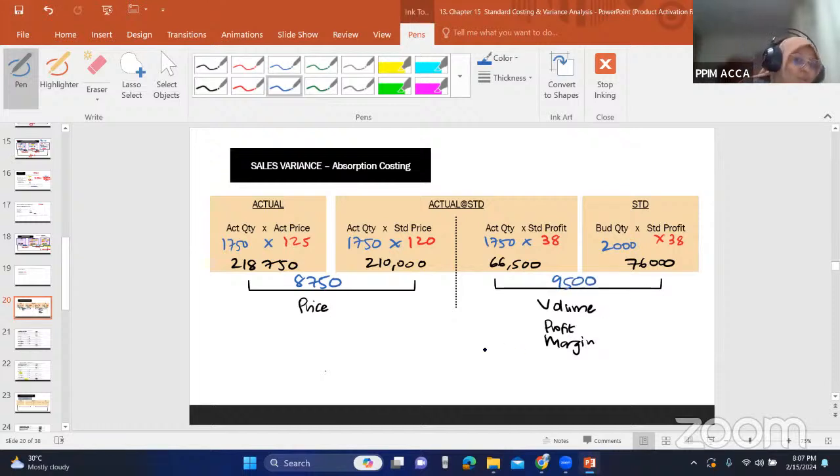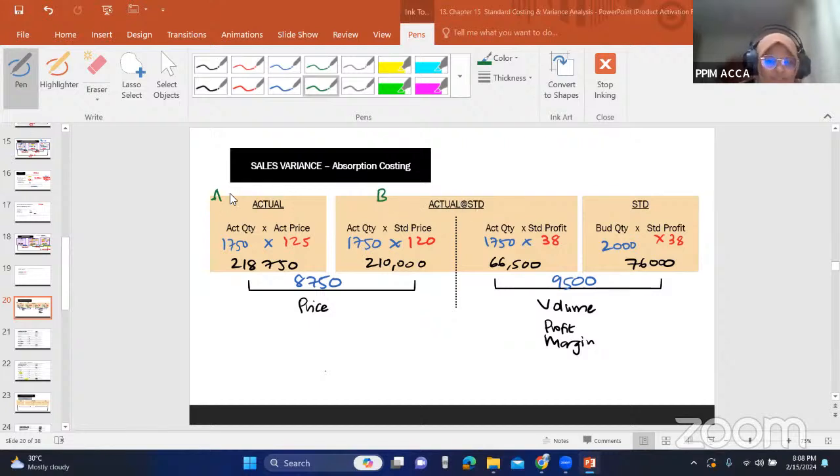Okay, now watch carefully how I'm deciding whether this is adverse or favorable, because this is a sales variance. It's not a cost variance. So for the price variance, this is the budget, this is the actual. I'll give it to you in a bit, not right now because I'm doing the sales. Right. So this is the budget because it has a little bit of standard.